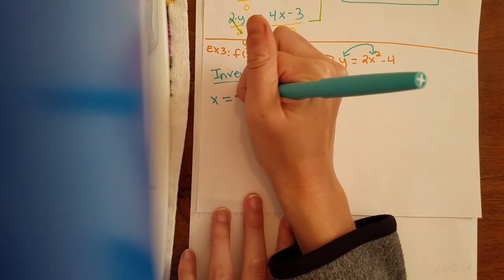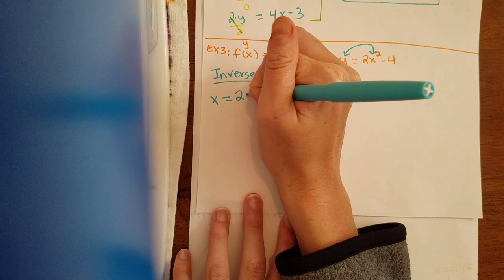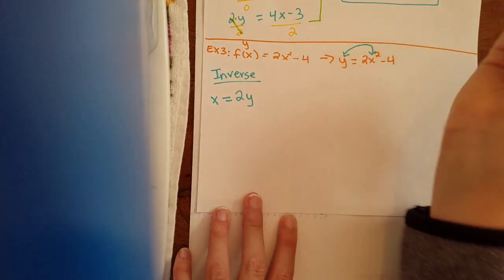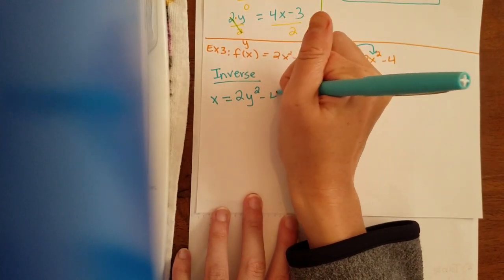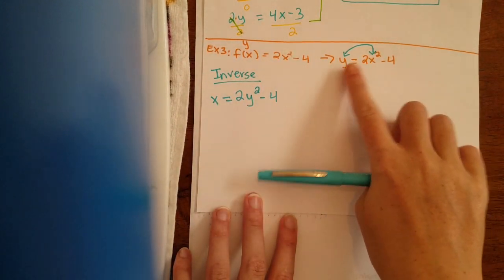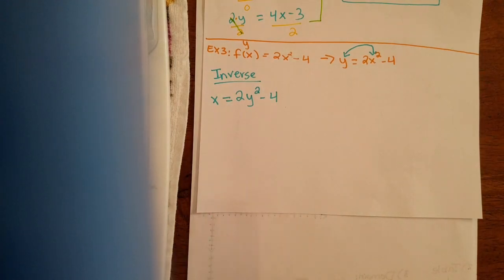I'm going to write my 2, and I've spotted an x, so that x is going to transform into a y. Everything else stays the same, so I'm going to keep my squared and my minus 4. The only thing that changes is y turns into an x, and an x turns into a y. After that, all you have to do is solve for y, and then you're done. So let's get going, you guys.